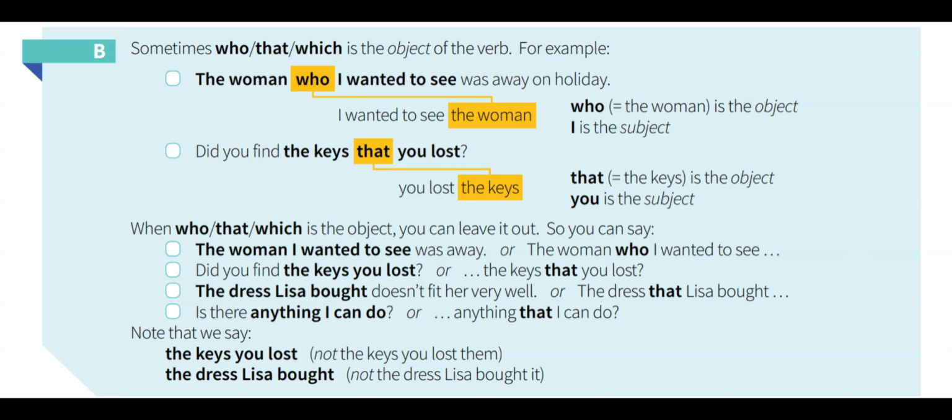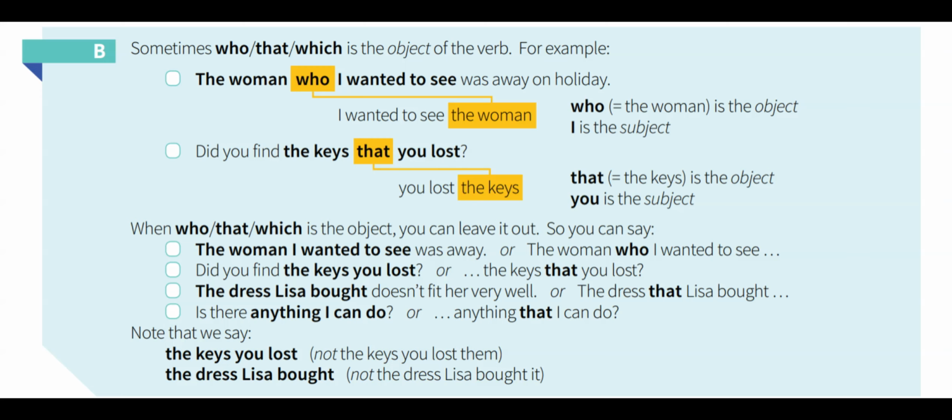So it has to be that you are the one who wanted to visit the museum, but you're telling your friends that you couldn't go. So you have to tell them why. So it's the museum that I wanted to see was shut, or that I wanted to visit was shut.